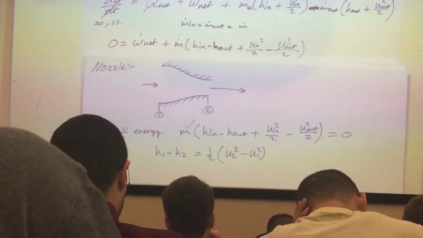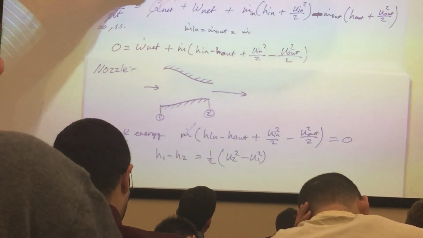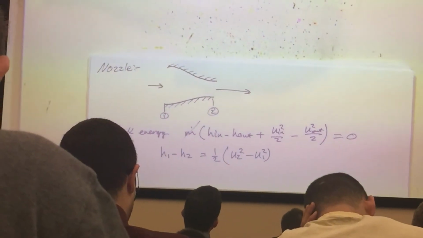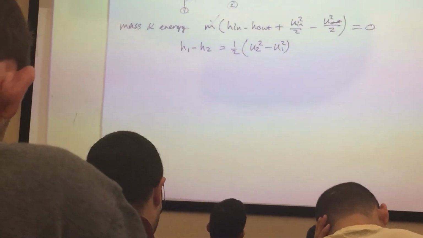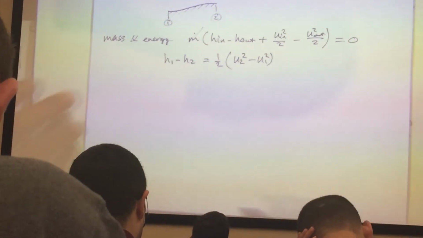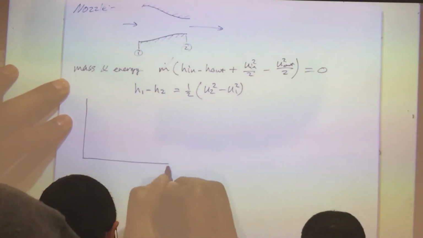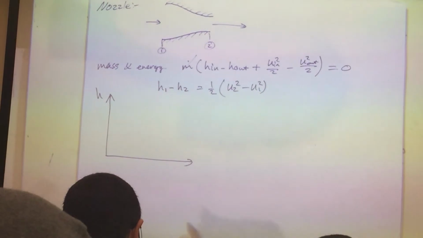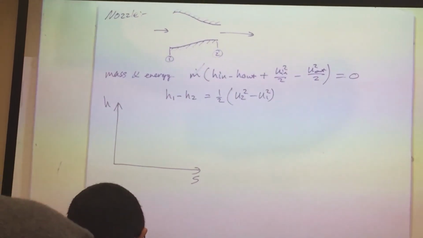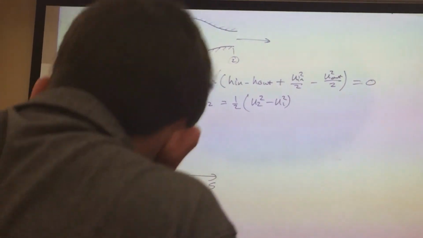Let's characterize the efficiency of this system now. Let me draw my enthalpy-entropy diagram because I understand that I might have a non-isentropic process. So what is happening here?